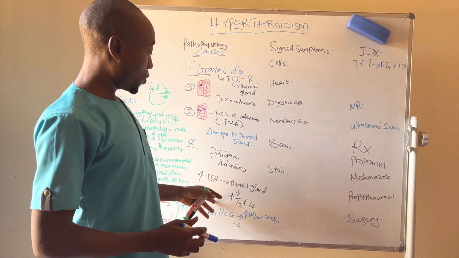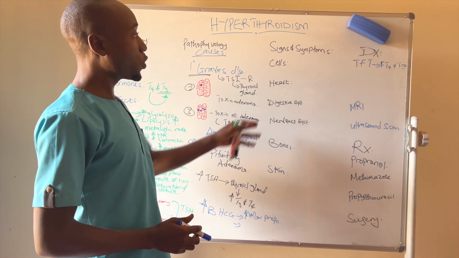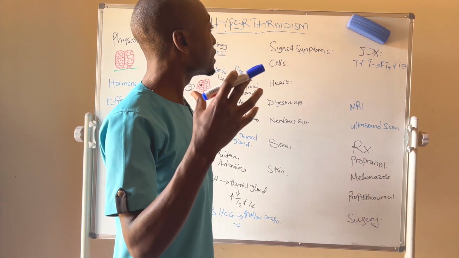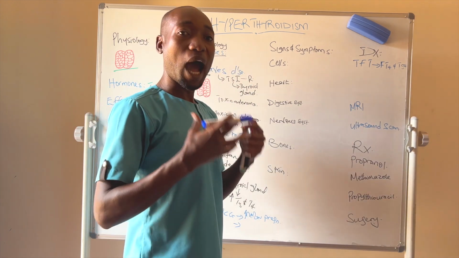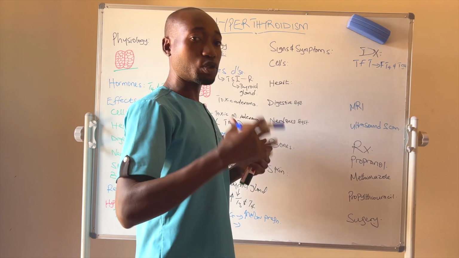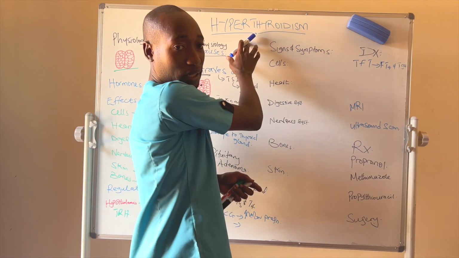Now that we have understood the causes of hyperthyroidism, let's look at the signs and symptoms or the presentation. If someone has hyperthyroidism, how will they present? How can you look at someone and be able to tell that someone is having hyperthyroidism?